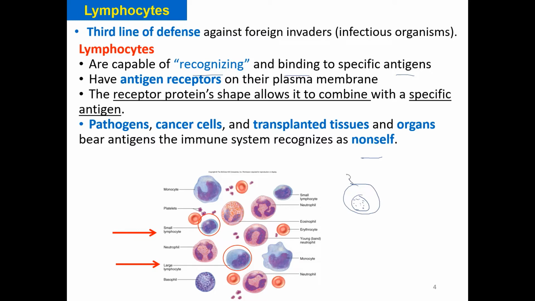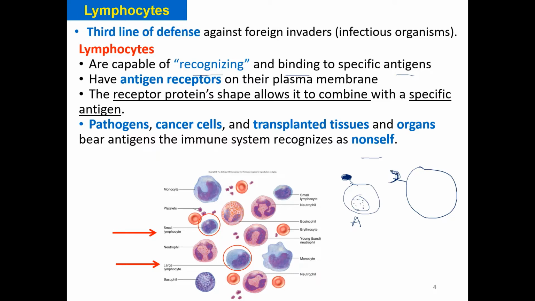Let's say this ID is antigen A. The B and T cells, the lymphocytes, also have receptor proteins on their plasma membrane.